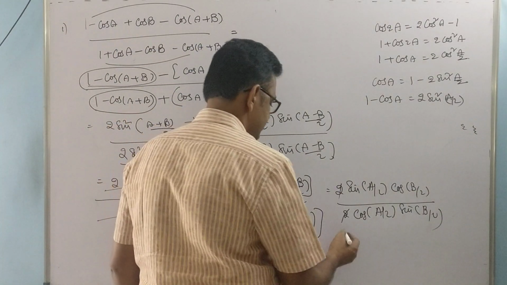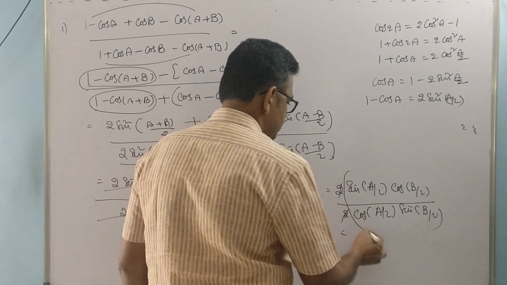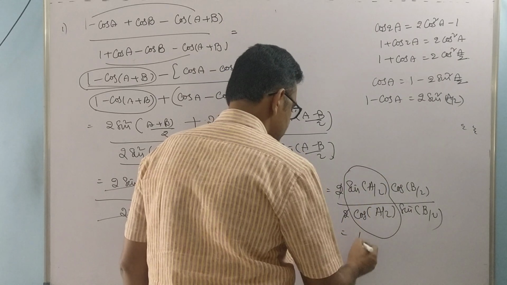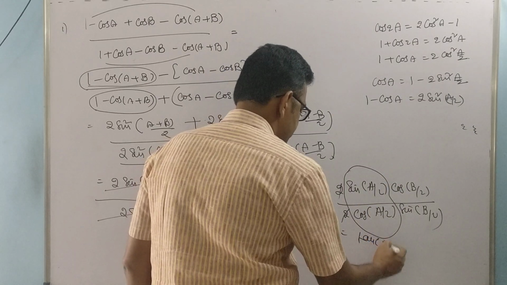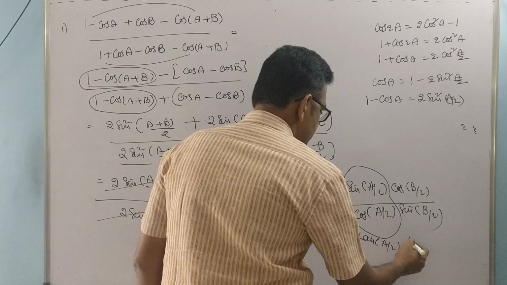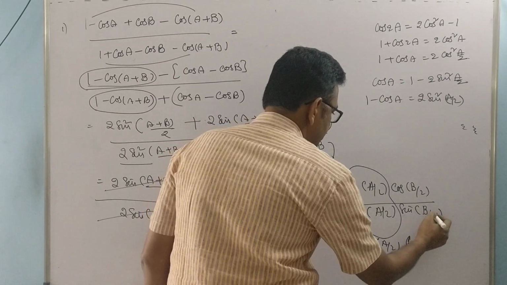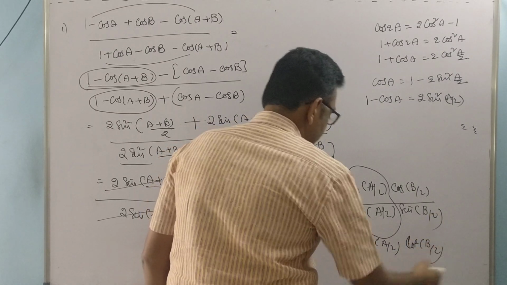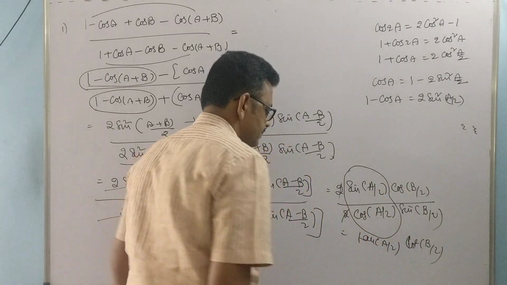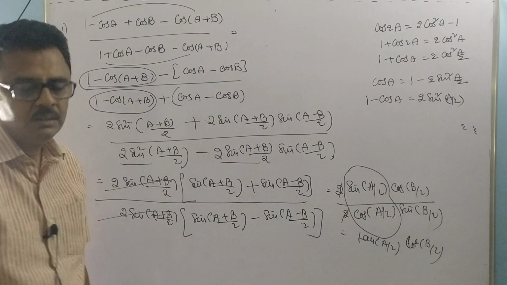So these two get cancelled. So this is sin by cos, which is tan(A/2), into cos by sin, cot(B/2).